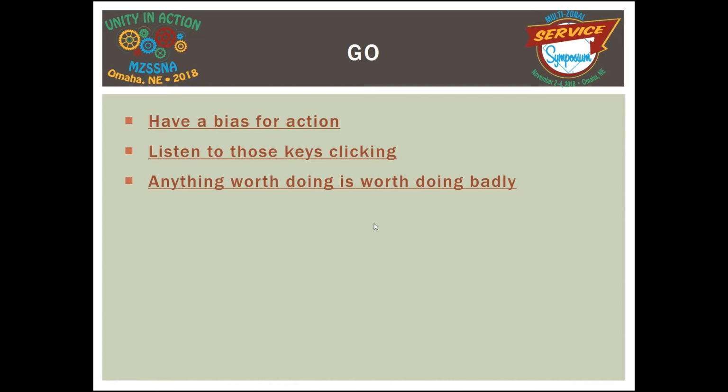Like that patio I was showing you earlier, it's full of flaws. It's the first flagstone patio I ever put together, but it was worth doing badly. Because I feel really, really good about that patio, with all its flaws. I got it done, and I got it done before winter, so that's even better.